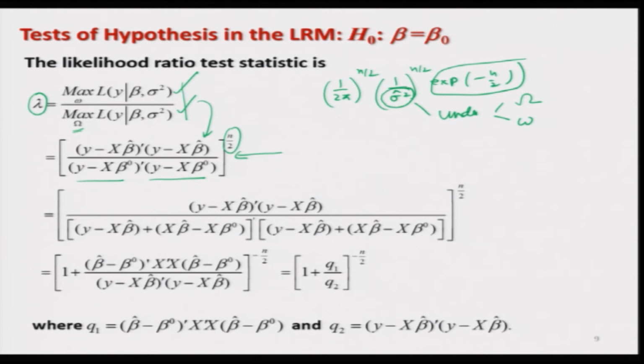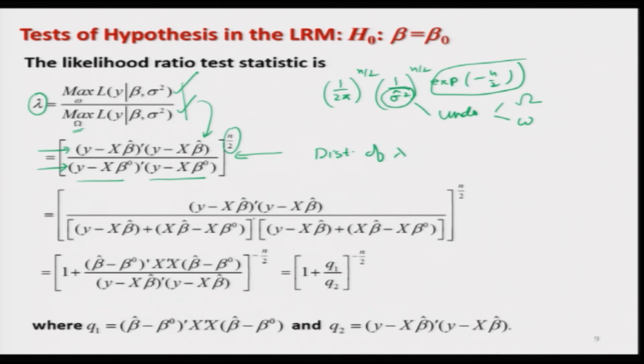So, now I have to simplify it. The reason why I want to simplify is very simple: I want to find out the distribution of lambda, that is the probability distribution of lambda. And in order to find out the probability distribution of lambda, you can see here that we have the quantities in the numerator and denominator of lambda which are in the form of quadratic forms.